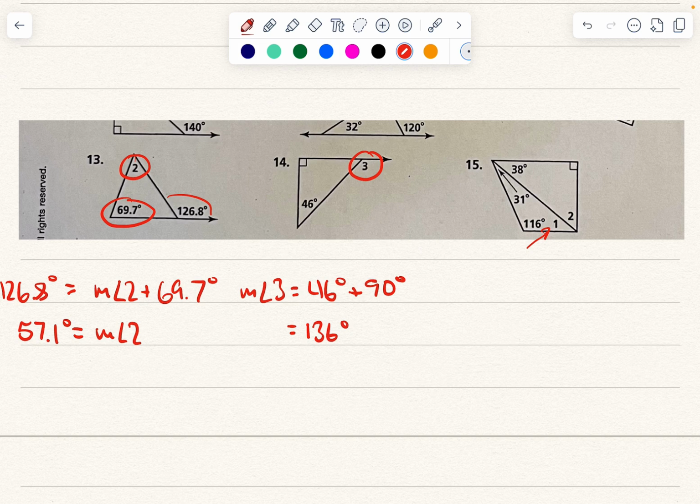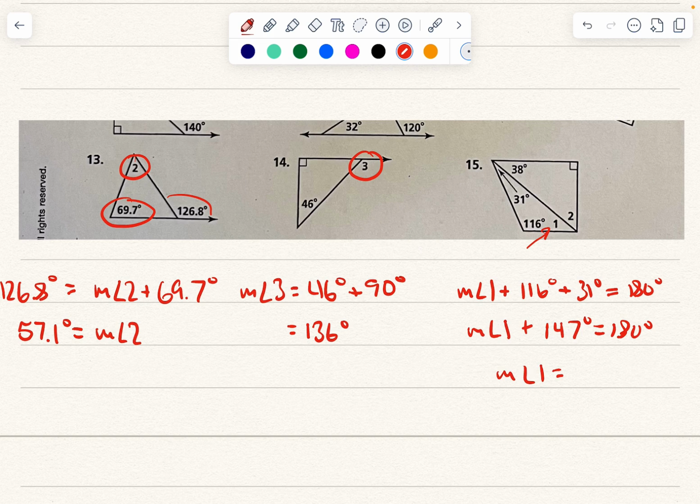And so really, I find the measure of angle 1 by just simply saying the measure of angle 1 plus 116 plus 31 must all add up to be 180, which means the measure of angle 1 plus 147 equals 180. And if I subtract the 147, I get what? 33 degrees.